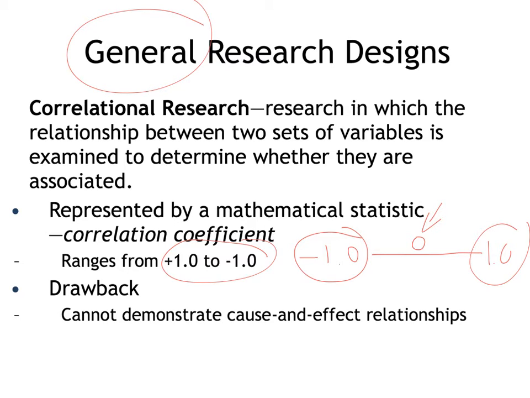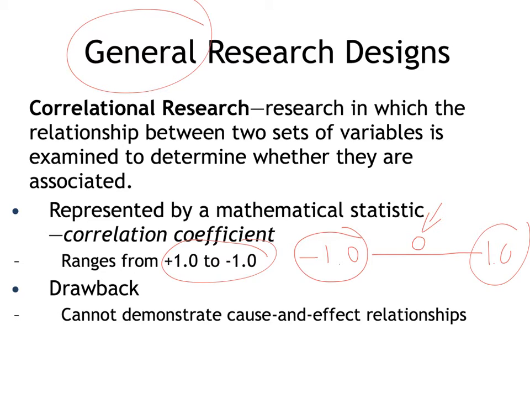One of the drawbacks of this study is that although it may allow us to find association between variables, it does not demonstrate causality, meaning we cannot say that one caused the other. For example, you may have heard of this example before. In the summer, we find that the higher the ice cream sales, the higher the crime rates, meaning the more ice creams are sold, the higher the number of crimes that are committed.